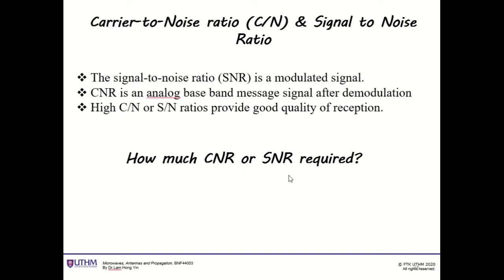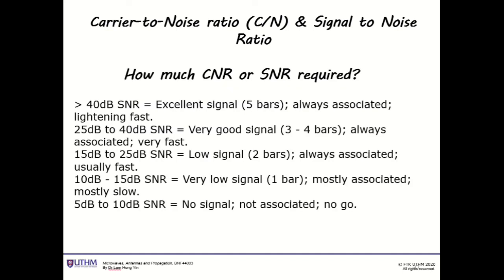Okay, so how much CNR or SNR is required? Let's look into it. If you look at this, higher than 40 dB SNR, we call it an excellent signal, 5 bars for cellular communication, and 25 dB to 40 dB SNR equals a very good signal, 3 to 4 bars. And 10 dB to 15 dB SNR, we usually put it as a very low signal, 1 bar.